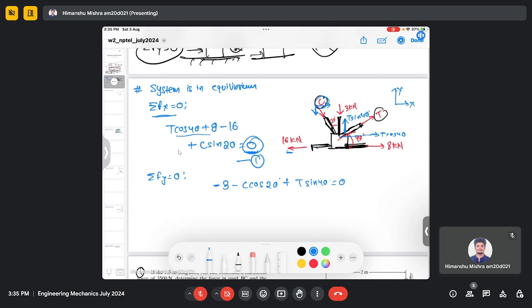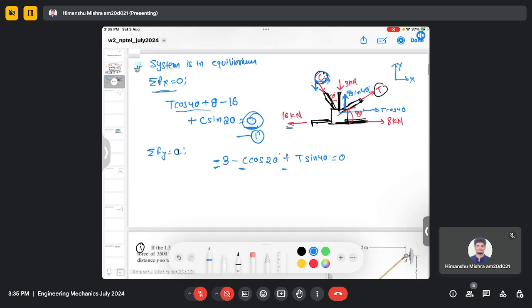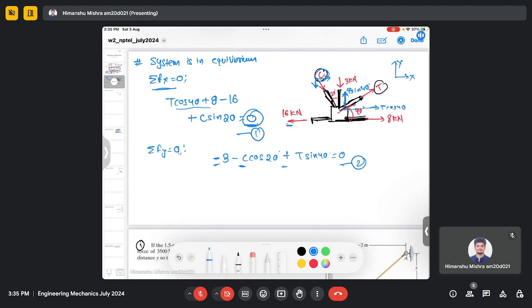Just be aware about the sign. So this is minus 3 because it's acting downward, and the C component is also acting downward, so it's minus C, and the T component of force is acting upward, so it's positive. Just be aware about signs and all. So this is equation 2.